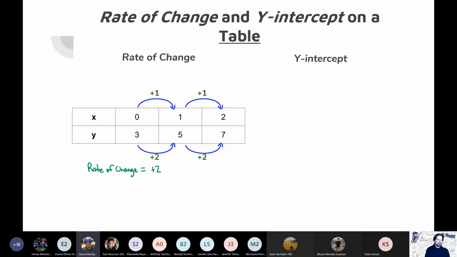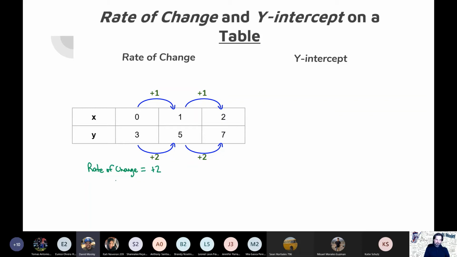Okay, so por cada uno más en x, 2 más en y. 1 más por x, 2 más y. Okay.